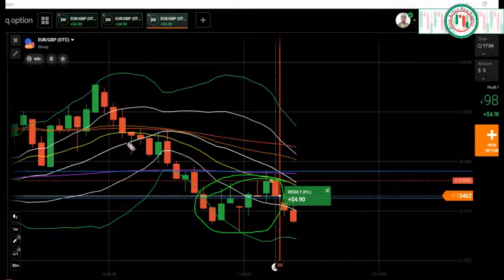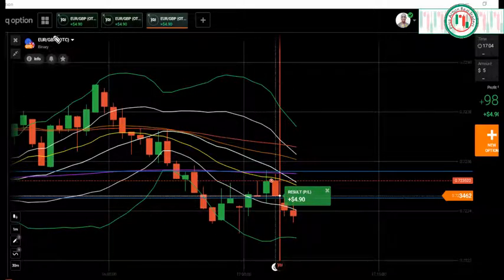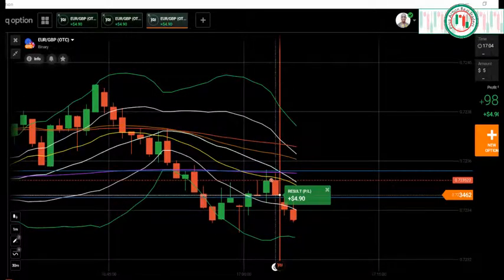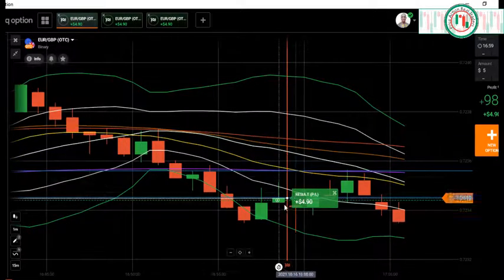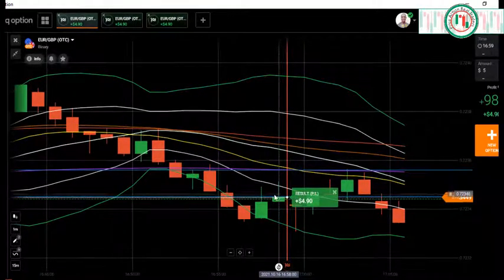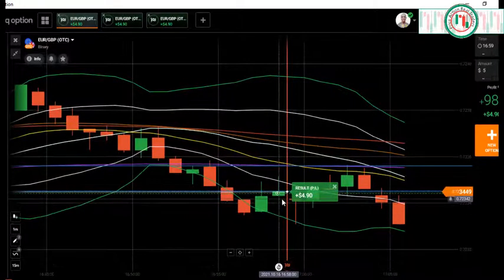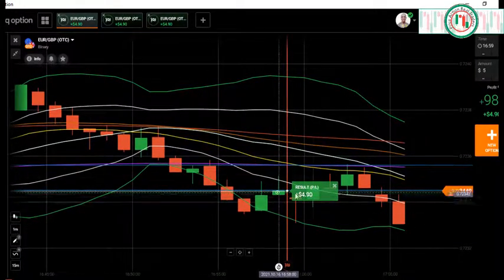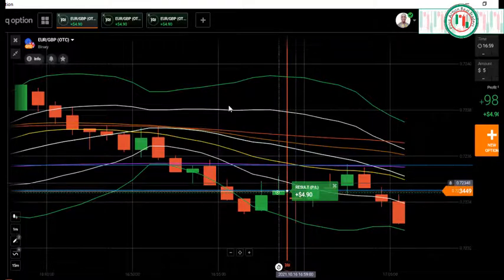So you see my past trade here, my first trade here, you see I place call option, but I get good entry points, so that's why my trade got in the money. And anytime try to get good entry points.